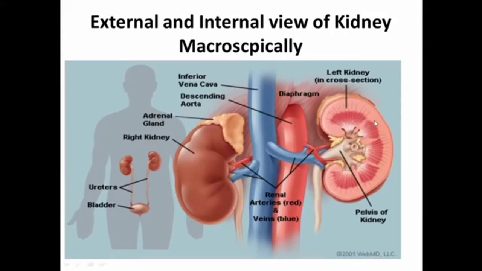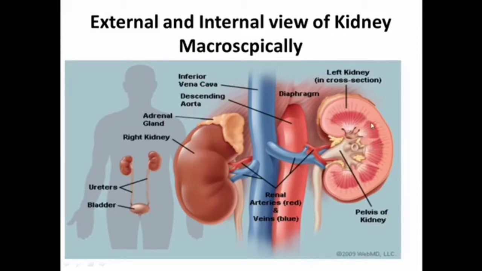Actually, the straight parts of the proximal and distal tubule and the collecting tubule, these three parallel running tubes, form these medullary rays. Another thing you can appreciate is this portion which is separating these medullary or renal pyramids. These are the renal columns. This is the extension of the cortex into the medulla, and it is represented by the renal columns.